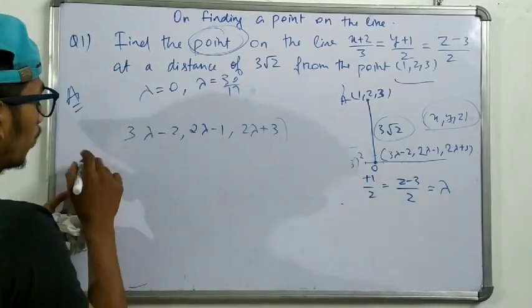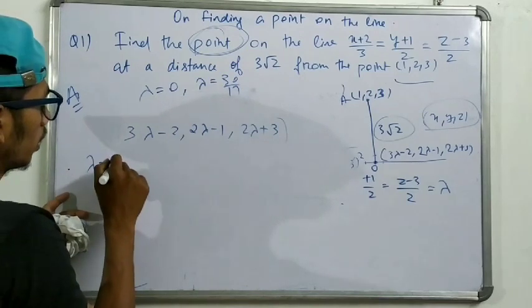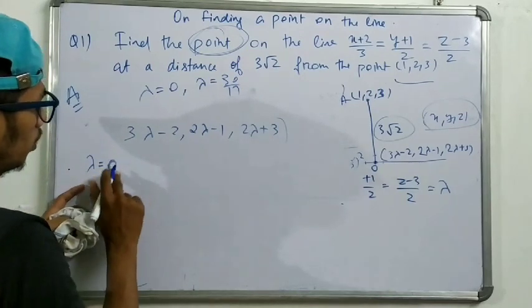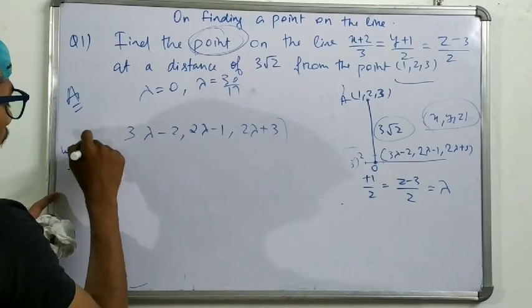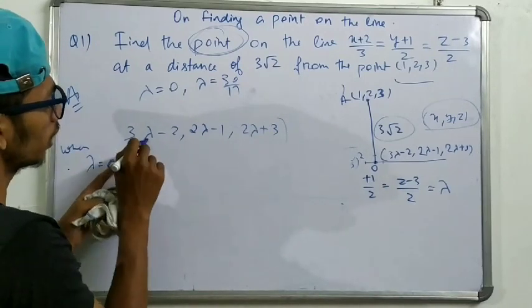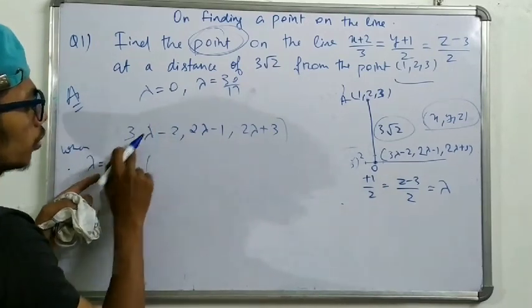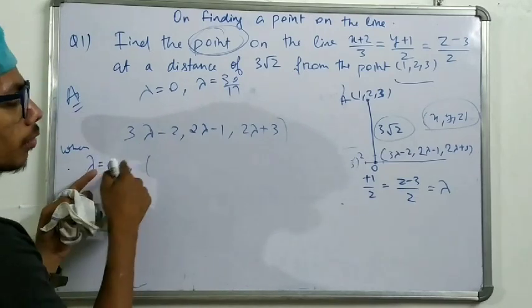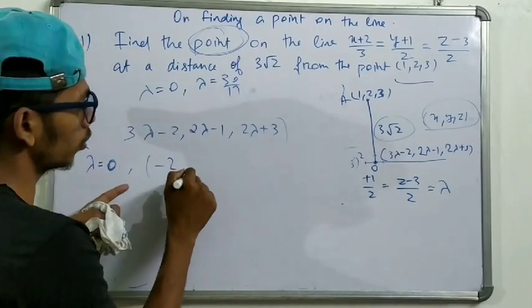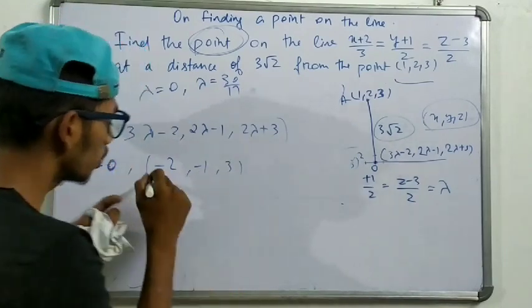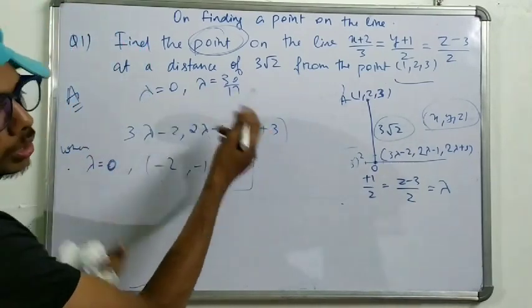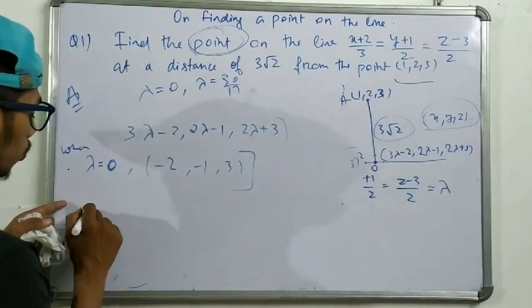So when lambda equals 0, the coordinate becomes, see, this part will become 0, the value of lambda is 0 now, so here we'll get -2, -1, and this is 3. So this is my one point. We have got two values of lambda, so we'll put two values of lambda.